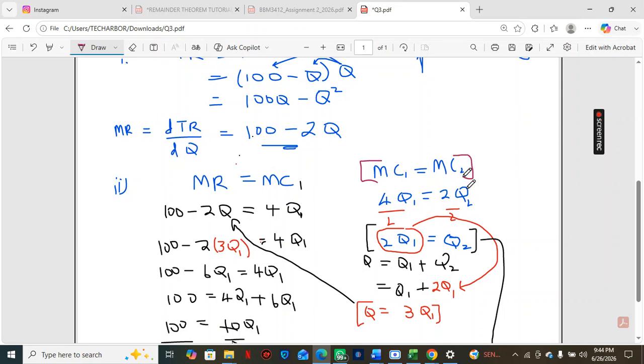So you can find out Q1 equals how much of Q2, or Q2 equals how much of Q1. So that when you go back to your total quantity, you can express Q in terms of one variable. Once you're able to express Q in terms of one variable, then you get that variable, and then you can get the other variable. Yes. Any questions?